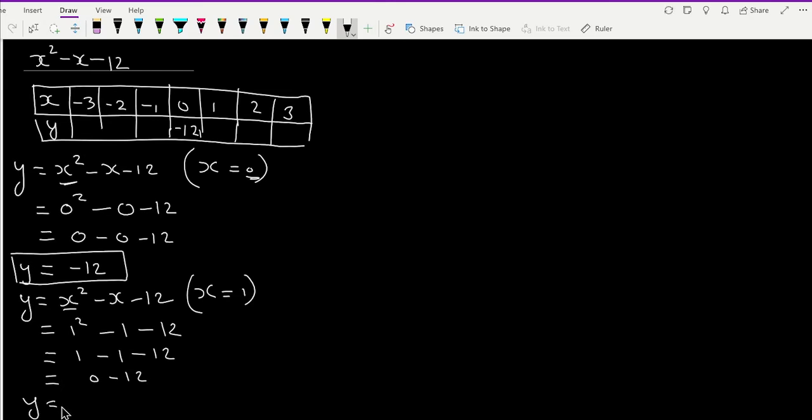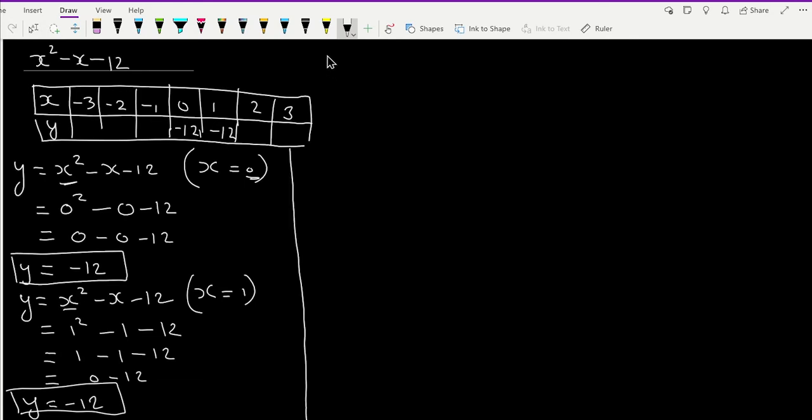So y is equal to minus 12. So here again I am getting y is equal to minus 12 for the value of x is equal to 1. So I write minus 12 in y place.